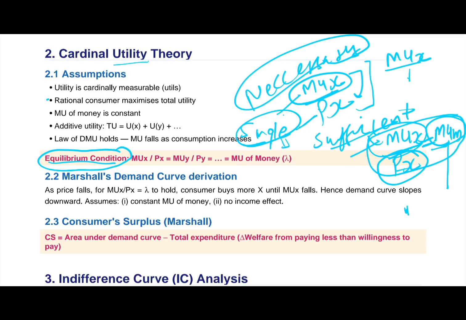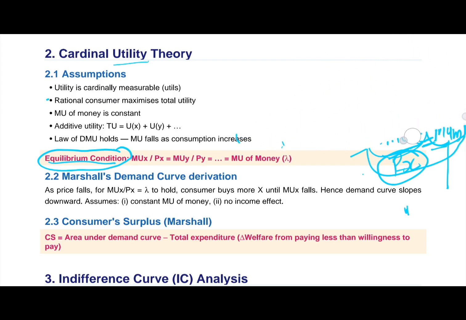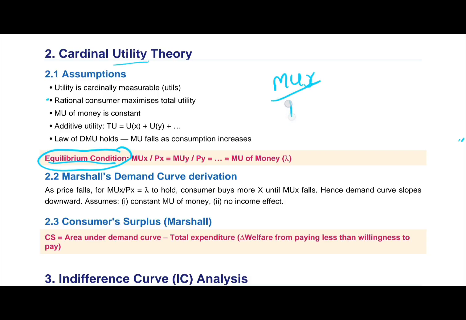This is for the single good. If we consider two goods, then the sufficient condition for equilibrium is that the marginal utility of x given the price of x should be equal to the marginal utility of y given the price of y, equal to the marginal utility of money.